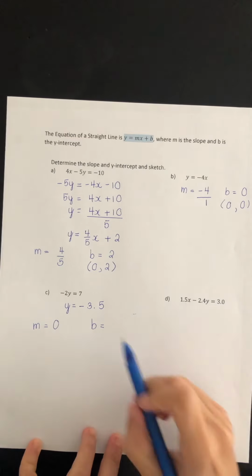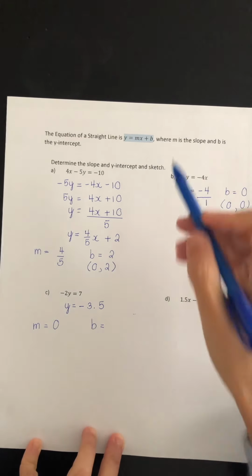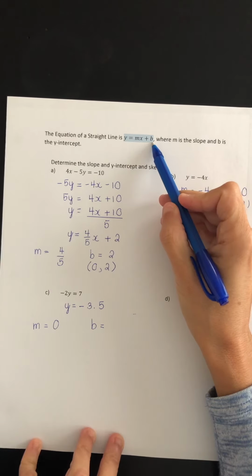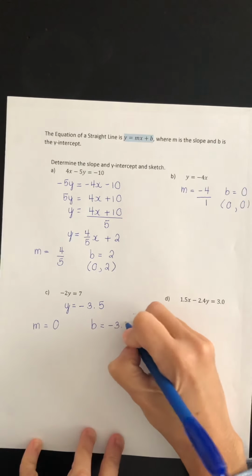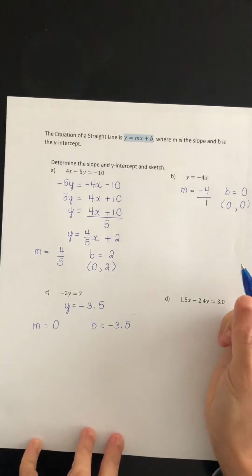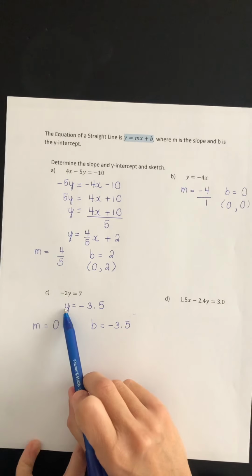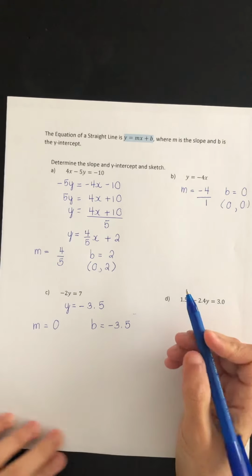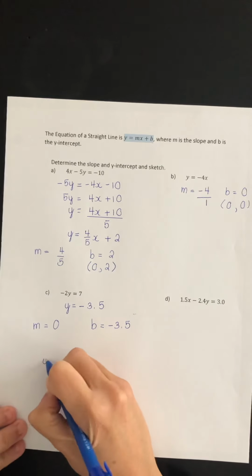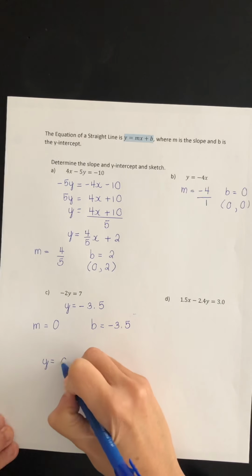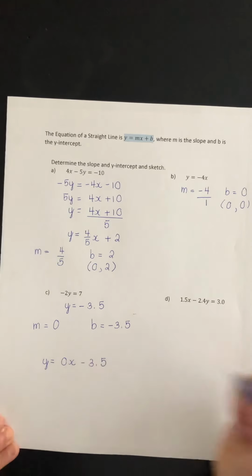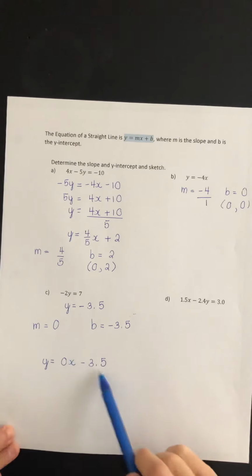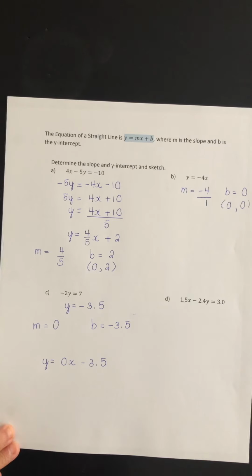And so then, what is the b value? Well, the b value is the constant. So this means b is -3.5. Okay, so writing the equation this way, y equals -3.5, it's the same as this: y equals 0x minus 3.5, with m being 0 and b equal to -3.5.